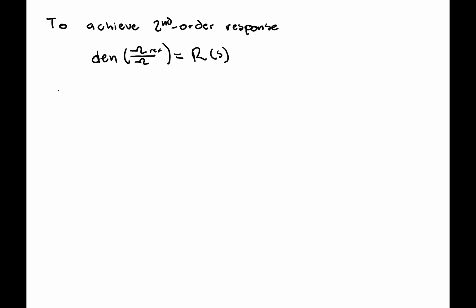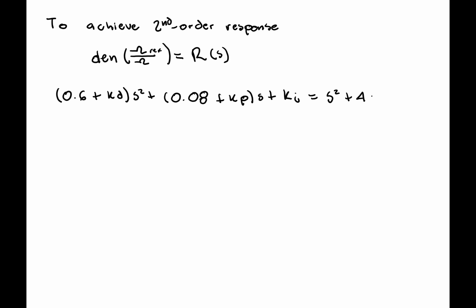And this boils down to what we worked out first, which was 0.6 plus kd times s squared plus 0.08 plus kp times s plus ki equals s squared plus 4s plus 4.